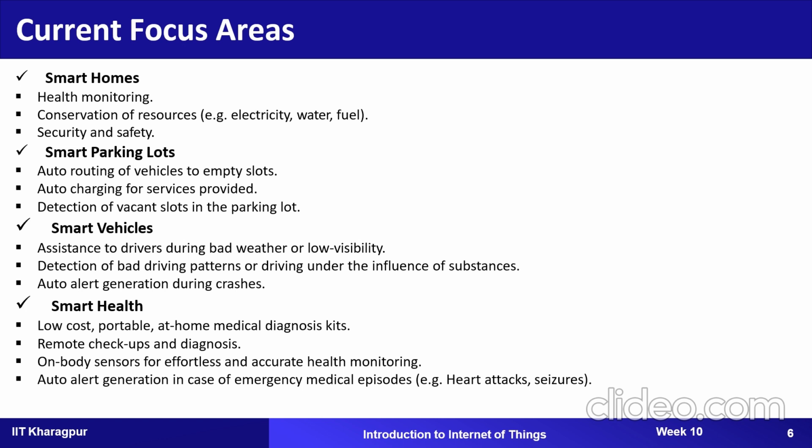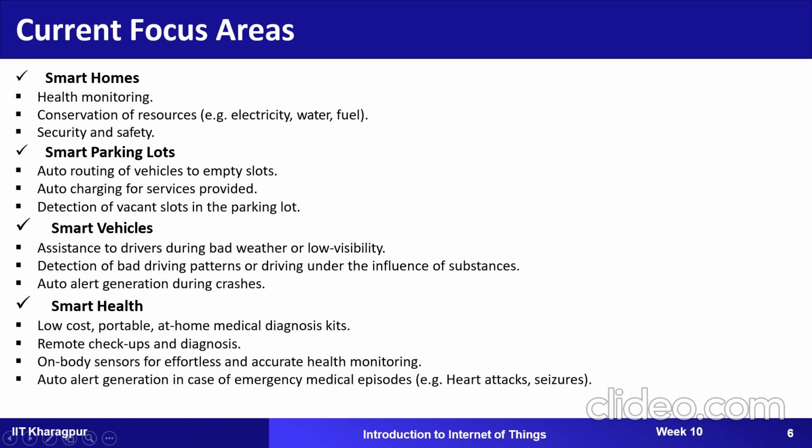Next one is your smart parking lots. In smart parking lots, there is auto routing of vehicles to the empty slots. Wherever there are empty parking slots, the smart parking lot will route your vehicle to that particular slot. This also results in the conservation of your fuel.